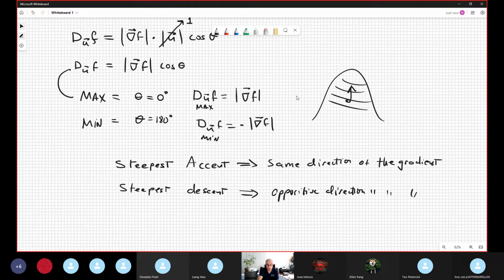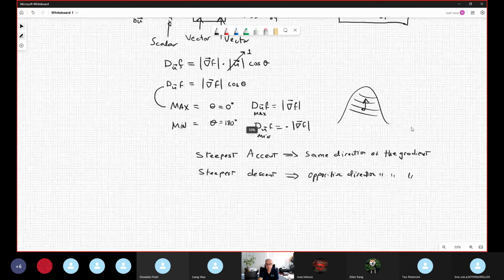So if you want to go back faster, you go in the opposite direction to the gradient. If you want to go up faster, you go in the same direction. I promise I have one example to illustrate this idea very well, no?